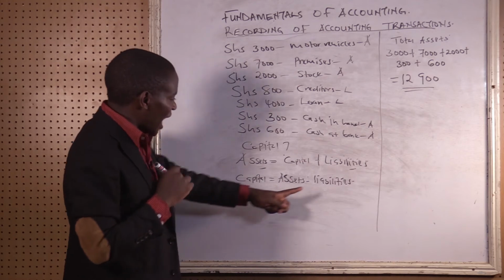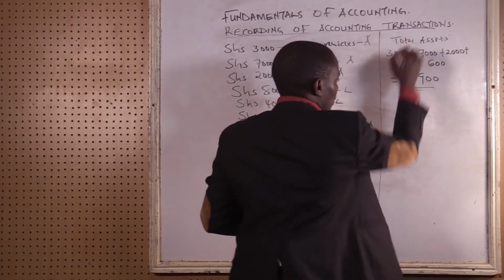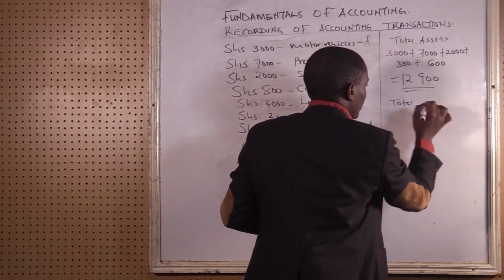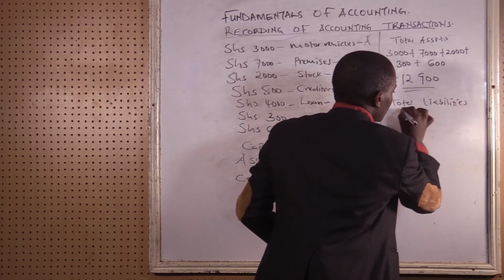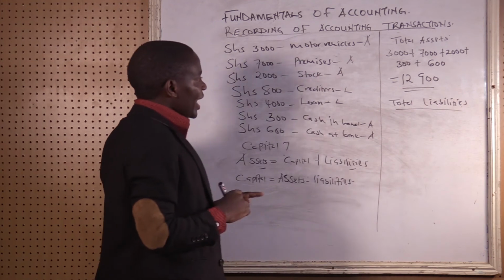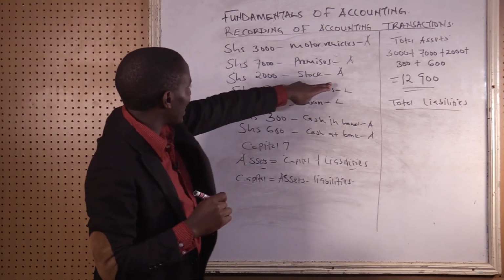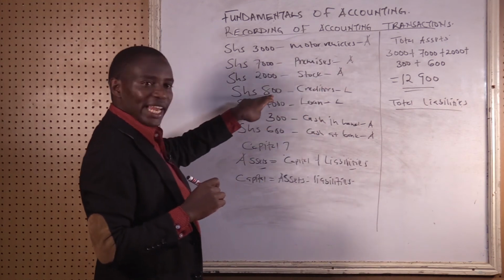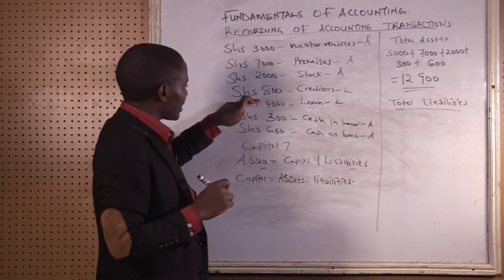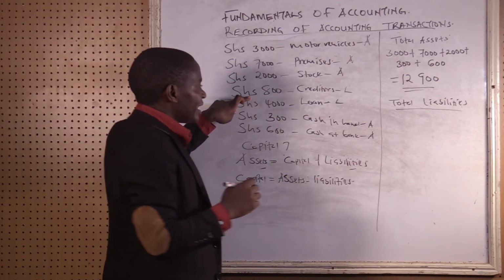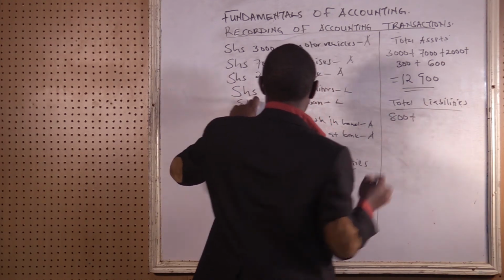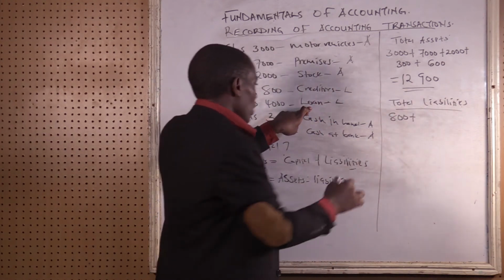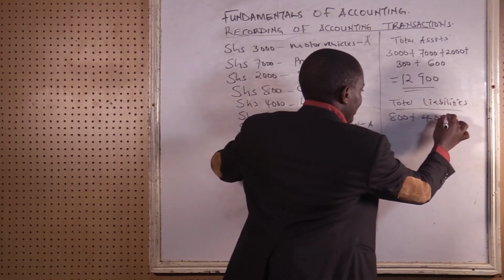Now we can get our total liabilities just the way we have done with the assets. What shall we have? We had listed our liabilities. The first liability is creditors. How much? 800 shillings. So we shall say it is 800 plus a loan of 4,000.